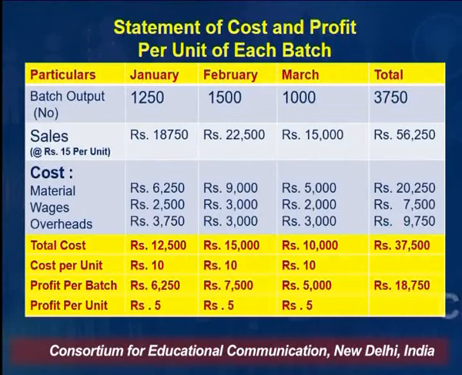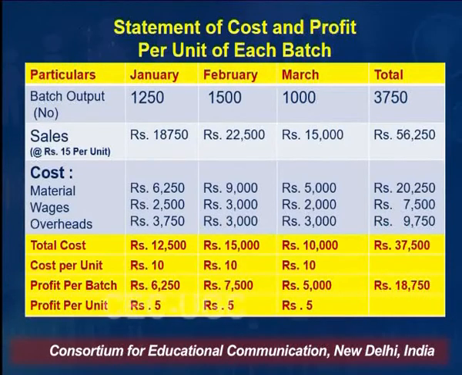Now after sales, we have to first find out the cost. For material, the value which is given in the question, I have simply posted here 6250, 9000 and 5000. For wages also, we have posted the same value, and overhead, which we have recently computed in our working note, because this was the point which required the calculation aspect, and that is why we first started with our working note.